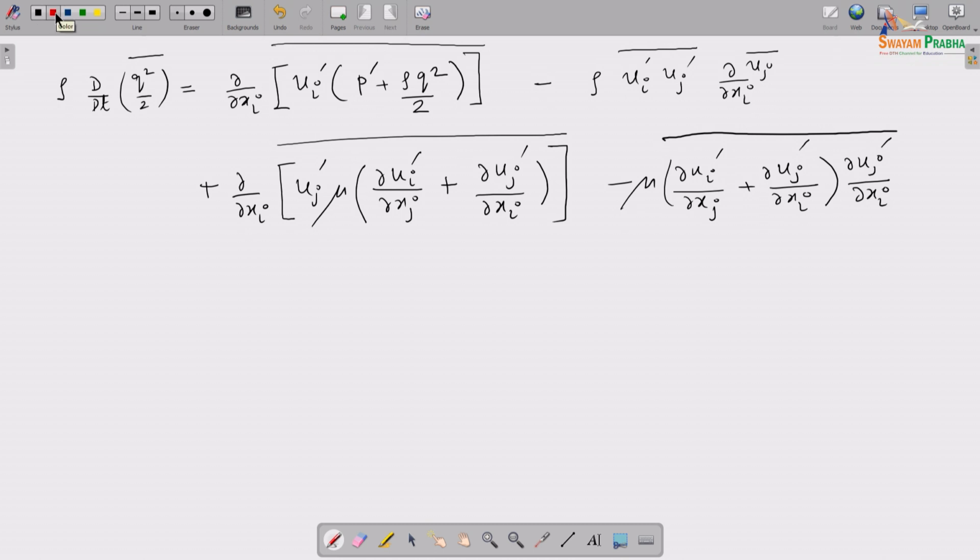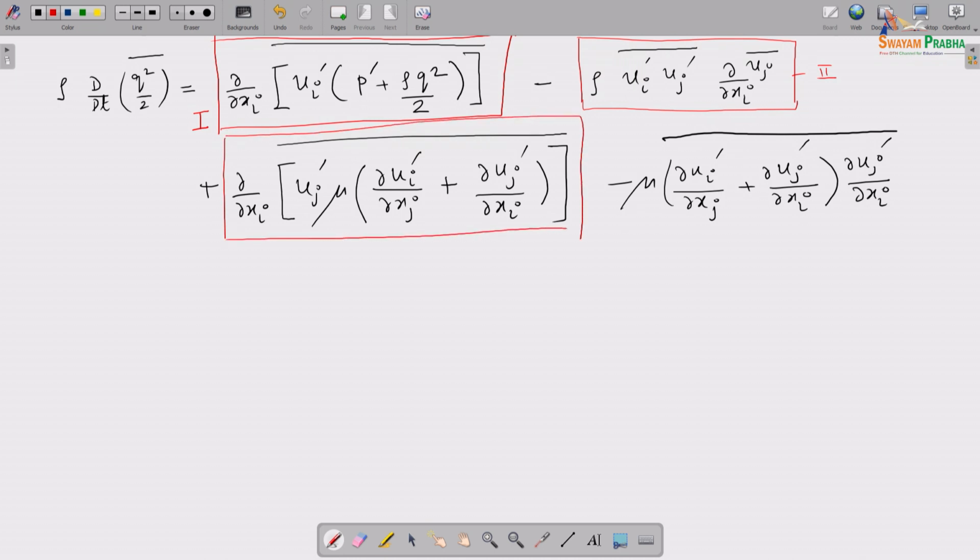So this term, let's just call that 1. Let's call this term 2, this as 3, and this as 4.